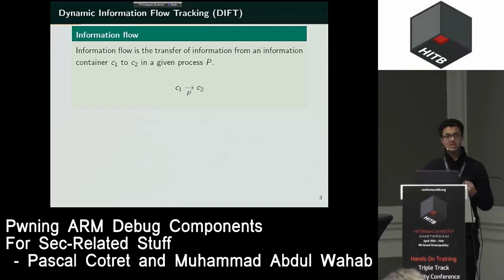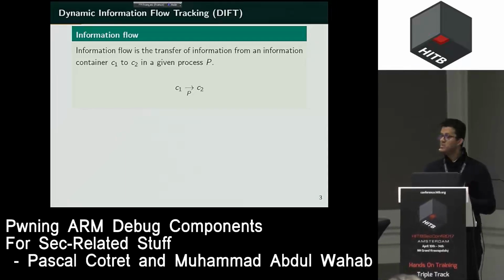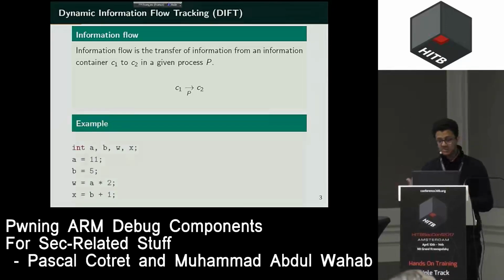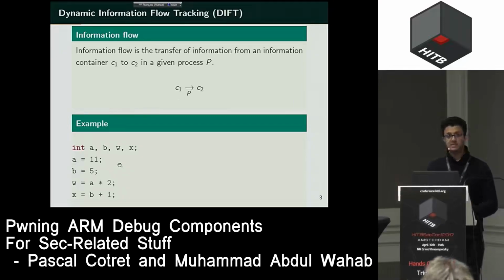At the application level, they can be variables and constants. At the operating system level, they can be files. As an example, on the application level here, we have four information flows. On line 2 and line 3, we have information flows from constants towards variables. On line 4 and 5, we have information flows between variables, between A and W, B and X.